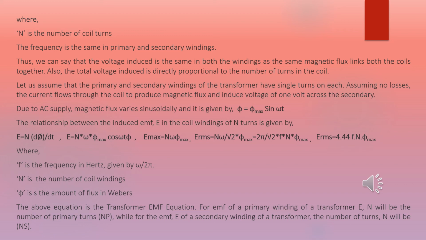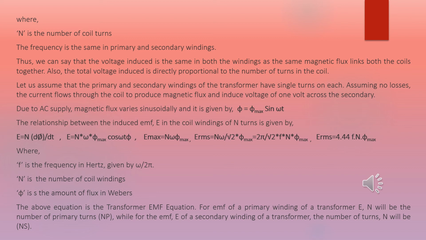What is f? Frequency in hertz. N is the number of coil windings. Phi is flux in Webers. The above equation is the transformer EMF equation. This is how we can derive the EMF equation of a transformer.